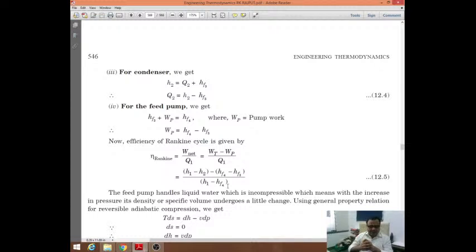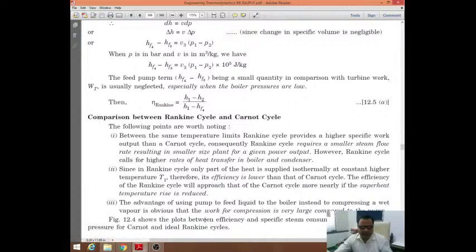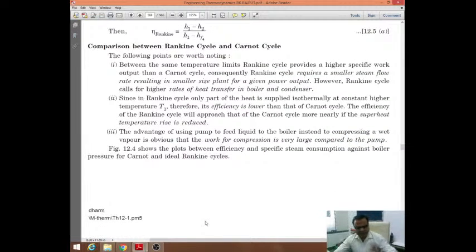Okay, when we are ignoring the pump work, directly we can take HF4 is equal to HF3. So a simplified equation can be obtained, and this equation can be used for finding out the efficiency of the Rankine cycle. Now just a brief comparison, I just wanted to make a comparison between the Rankine cycle and the Carnot cycle.